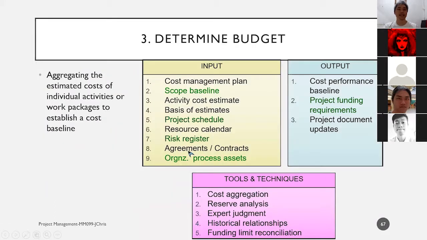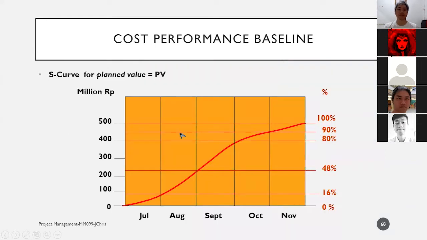And the final output is determining the budget. So we're going to have the cost performance baseline, the project funding requirements, and project documents updates. This is an example of a cost performance baseline. We're going to use this kind of budget value according to duration.